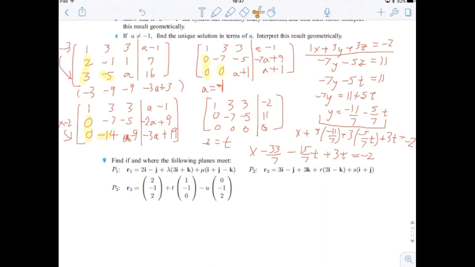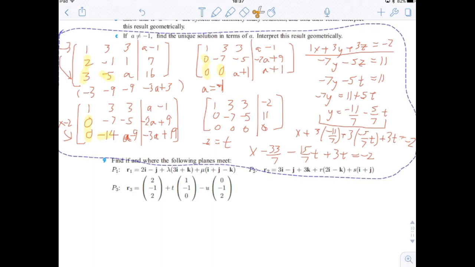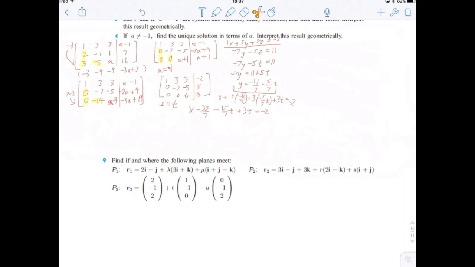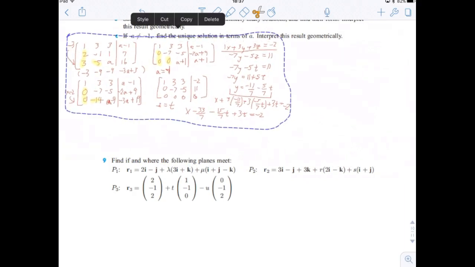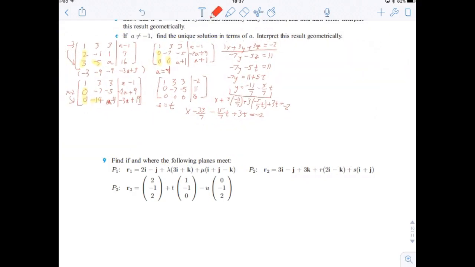Okay, and it's getting very big. Let's try to compress this so that I have more room to do the rest of the problem. Isn't technology wonderful? Okay, so for our x value, let's combine these constant terms, and then we'll combine these t terms.